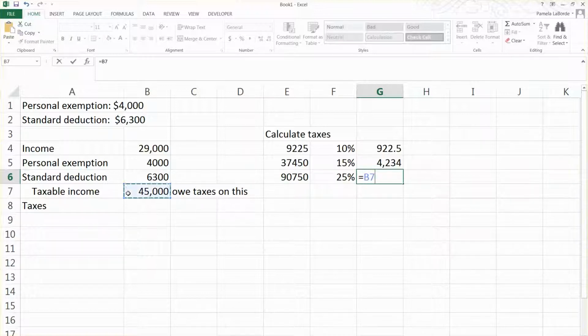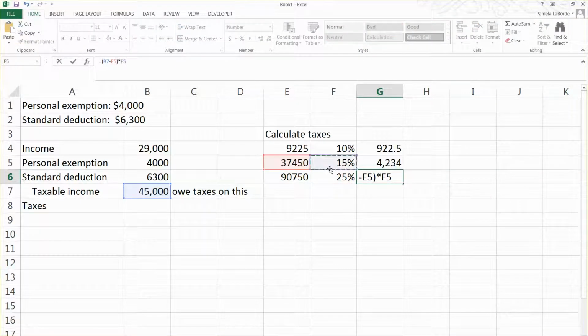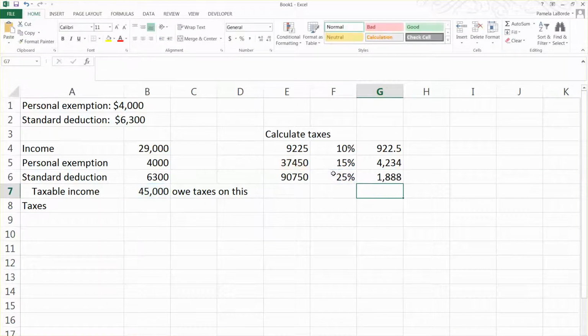So they make 45,000, subtract the 37,450, and I need to put that in parentheses, so it'll do that first. So they made $7,550 above 37,450, so they have to pay a 25% tax rate on that 7,550. So I'm just going to multiply that by 25%. So their total tax would be the sum of all these values that I've highlighted.